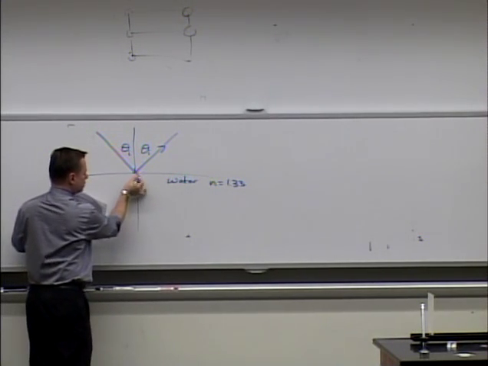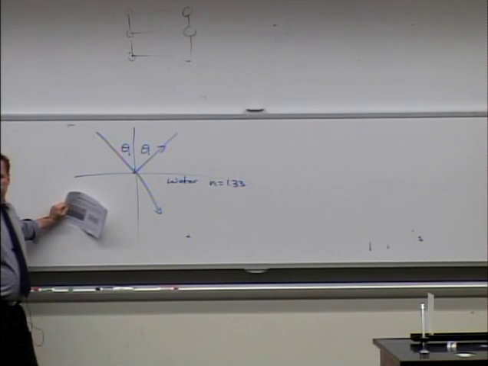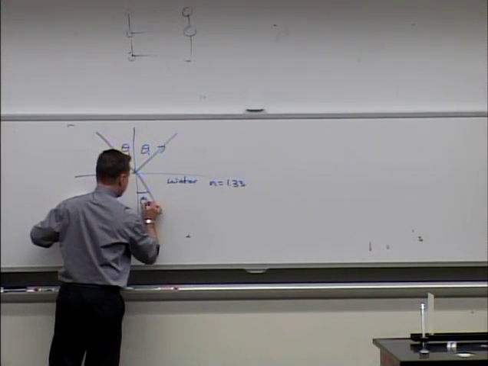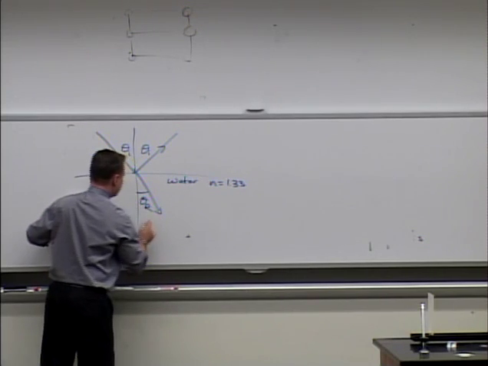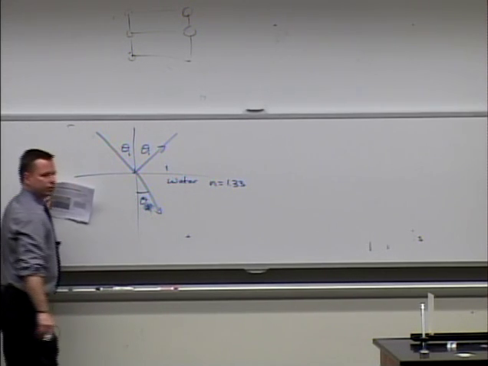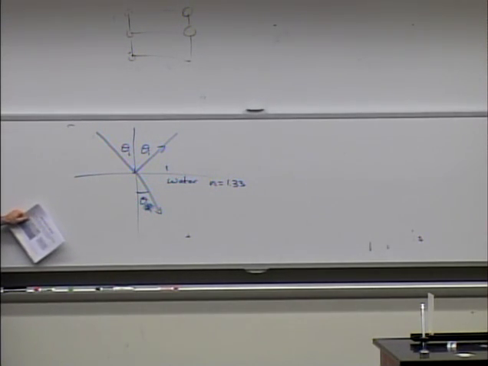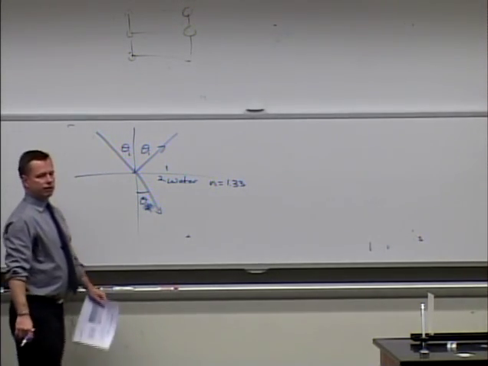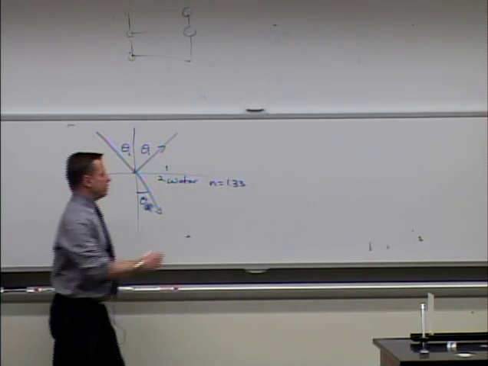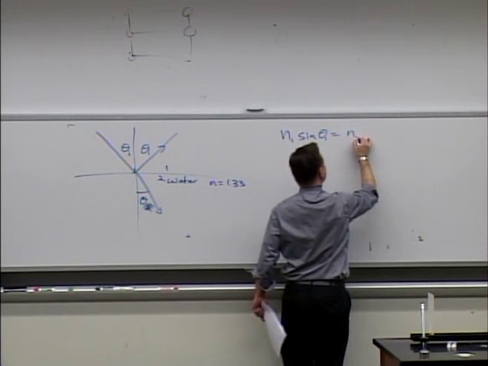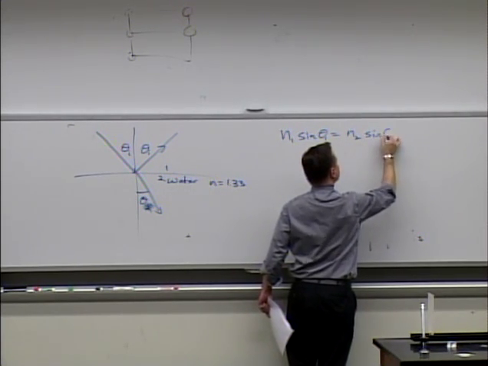Part of it gets refracted, like so. This is the refracted angle. I tend to make this 1 and that 2, like so. And so Snell's law is what? It's n1 sine theta 1 equals n2 sine theta 2.